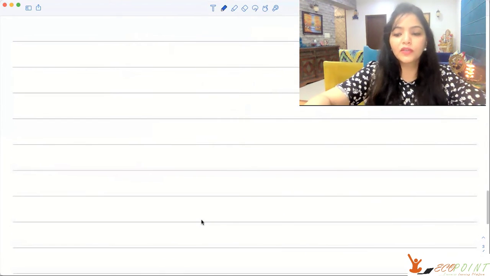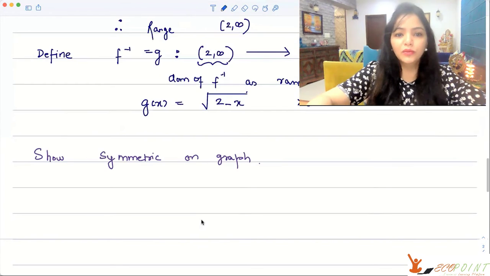So we have to show symmetric about x equal to y.